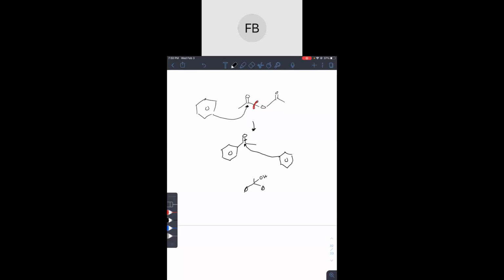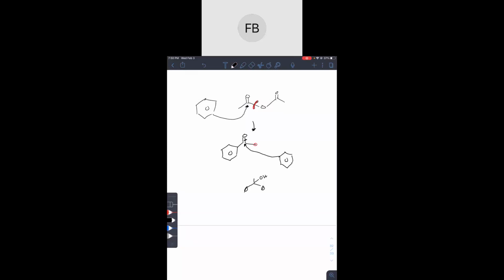Let me know if you have a question. I'm sorry, for that alcohol, is that a methyl next to it? Yes, that's a methyl, because right here, this is a methyl. Okay, thank you. No problem.